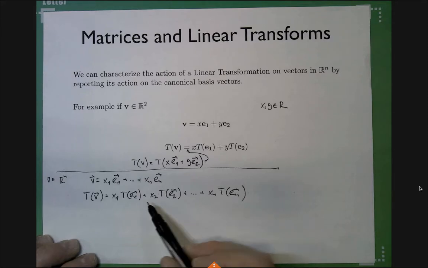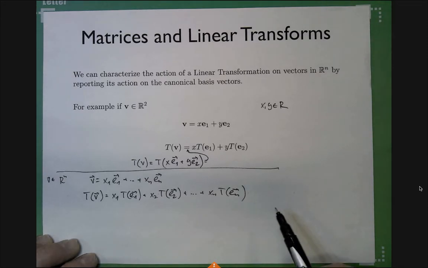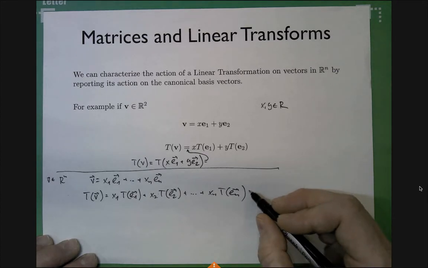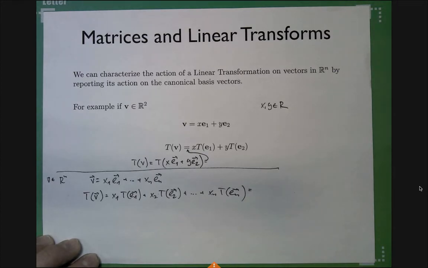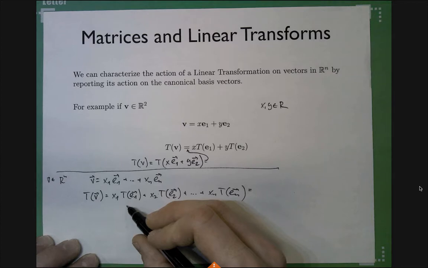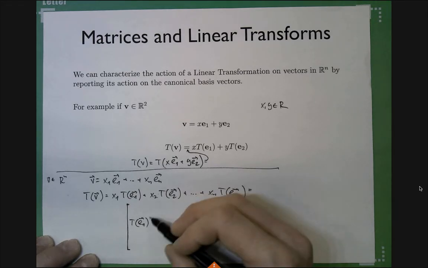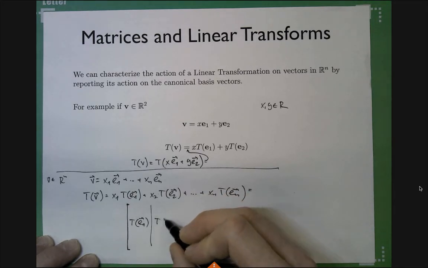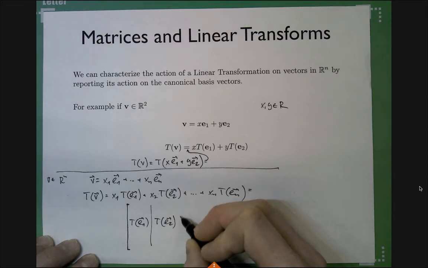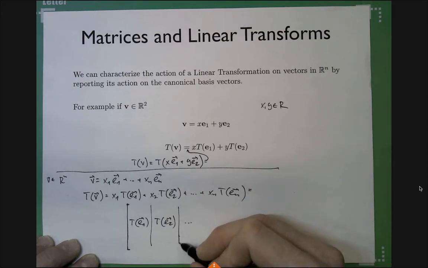And this matrix vector product is essentially a shorthand for this. So instead of writing it this way, what I can do is assemble a matrix such that every column of the matrix will be the T(ei). So starting with T(e1), that's the first column. Second column would be T(e2). You can guess how it continues.